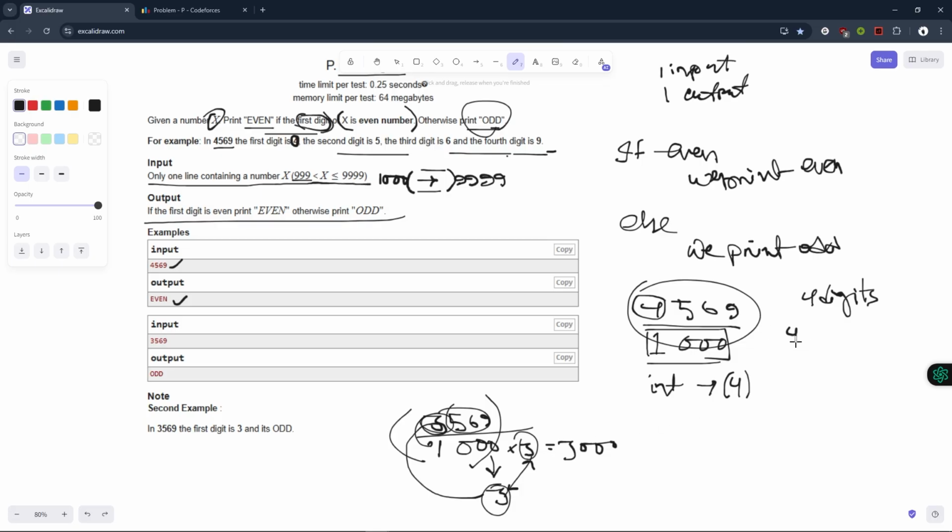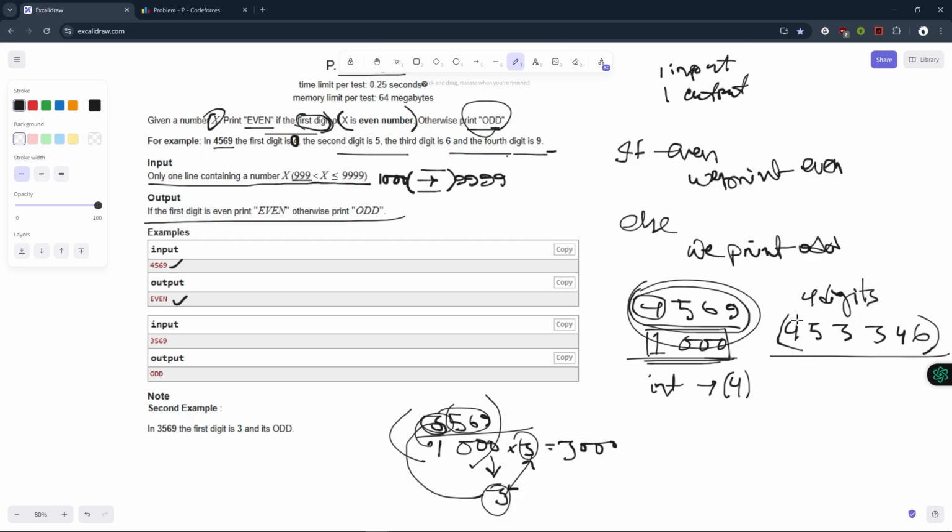So for getting the first digit from any number, we have to divide by a certain number. But what is that certain number going to be? For instance, if a number is 463453346, we'll have to take exactly as many digits as there are.